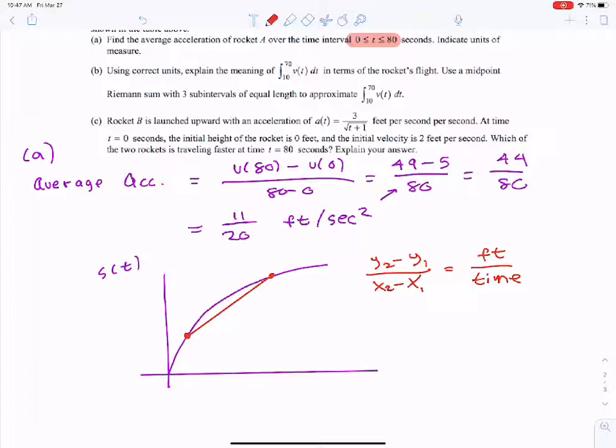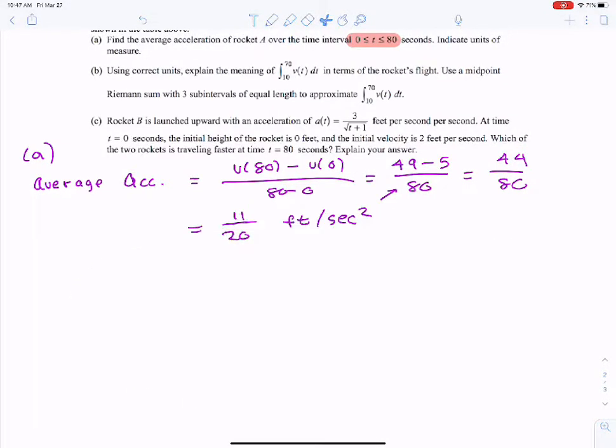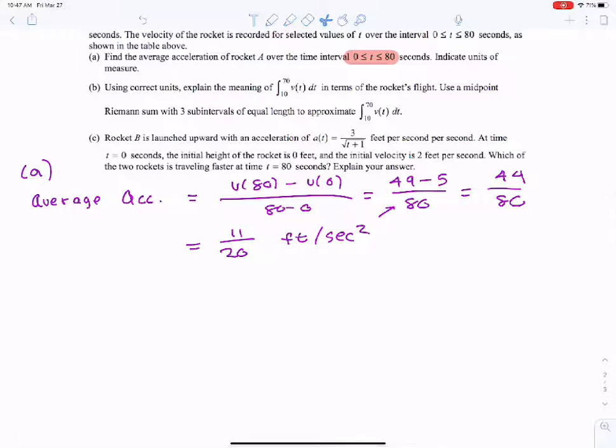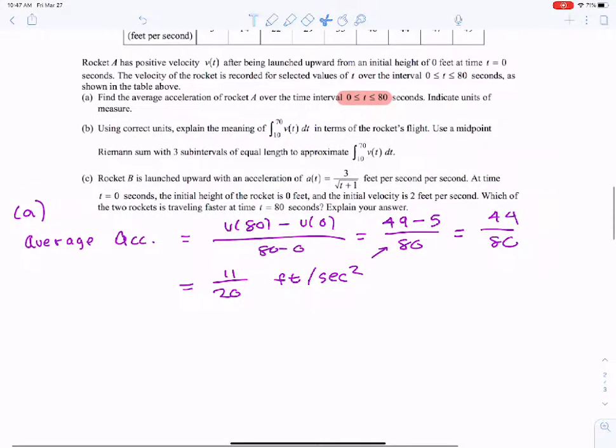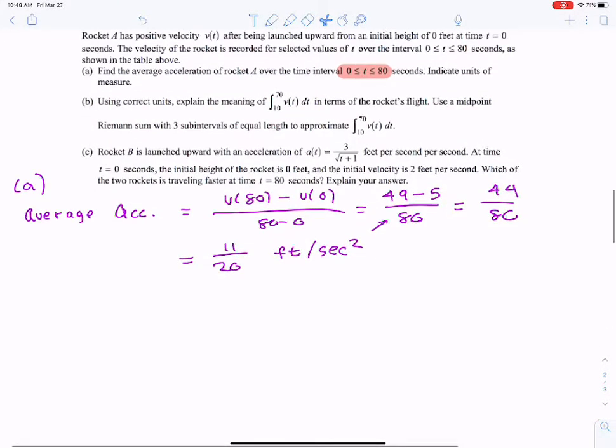So in the question that we were just looking at, what were we doing? We were taking the velocity. In the numerator, our velocity units were feet per second.